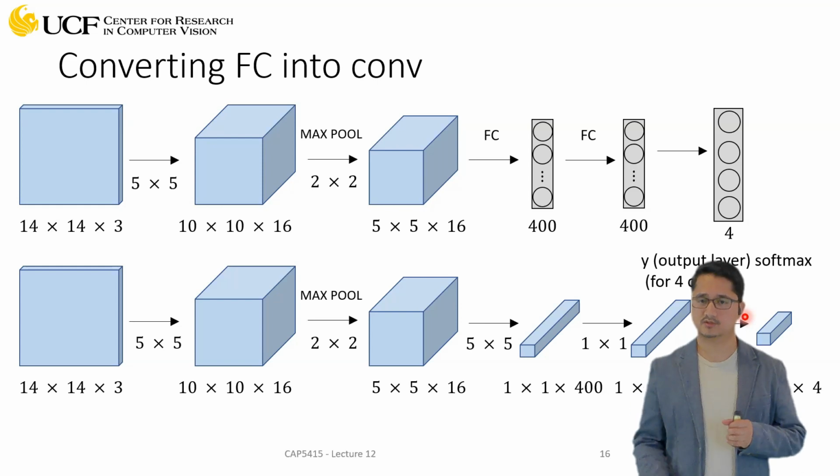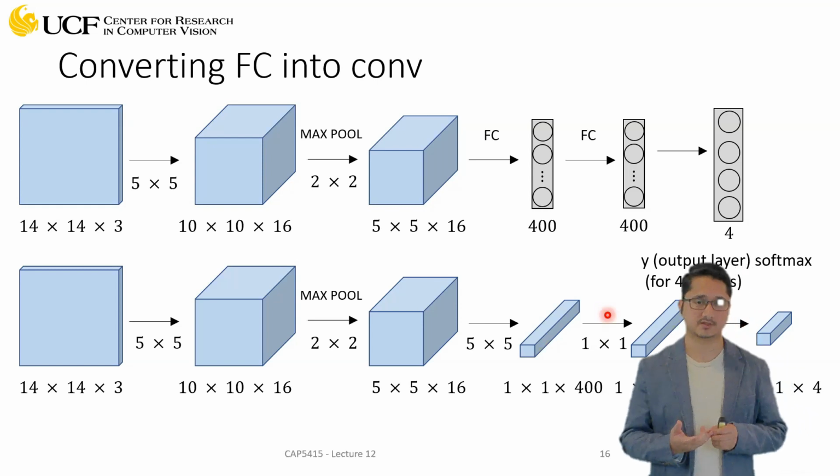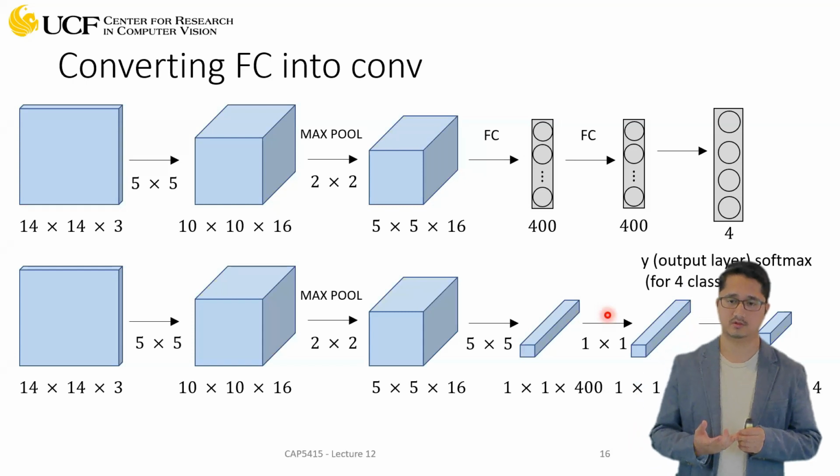Now, the more interesting use case for this fully convolutional network is, if you think about the third programming assignment, where we're asking you to build an autoencoder.